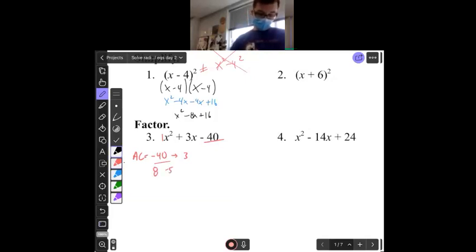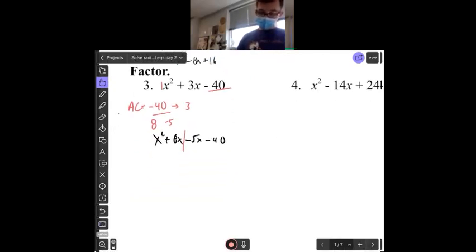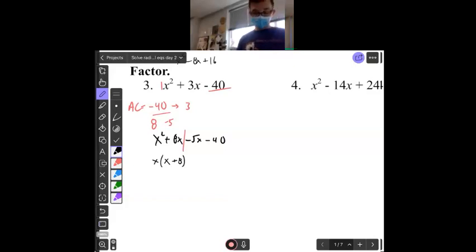So we get x squared plus 8x minus 5x minus 40. Let's break that. First two both have an x in them. Times x plus 8. That third term is a negative, so we need to take out a negative, and 40 and 5 both have 5 in them. And -5 times x and -5 times positive 8.